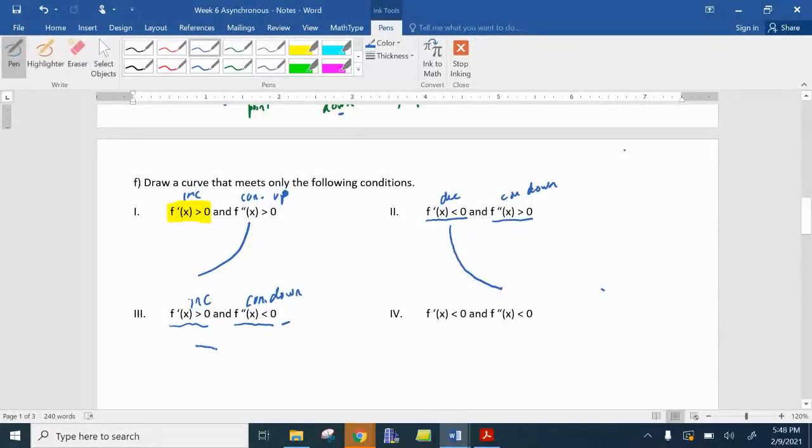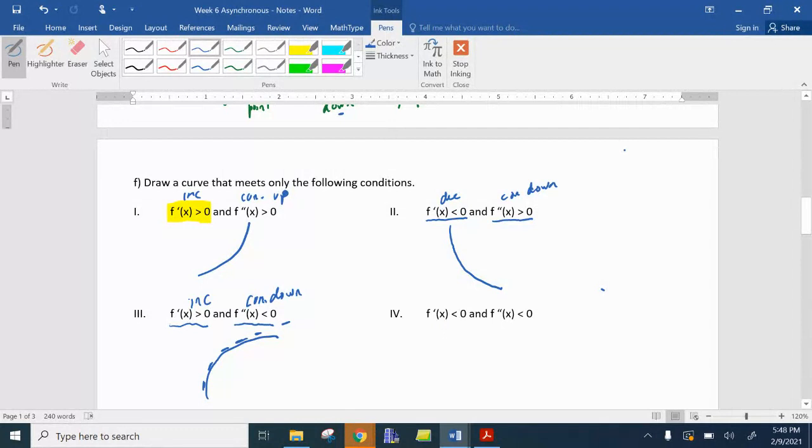That's going to look like this. Okay, I'm sorry, increasing. That's decreasing. Increasing concave down would be like this. Concave down, I'm still dumping water, but I'm also increasing, meaning the derivative at every single point is going to be positive, meaning the slope of your tangent will be positive.